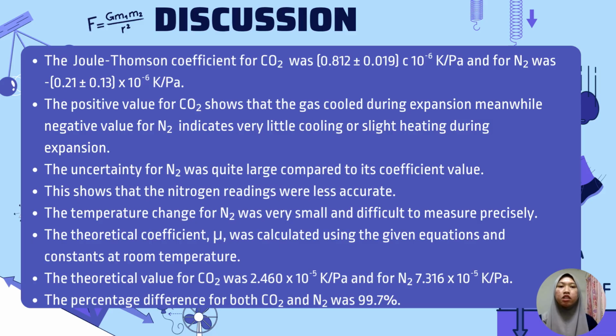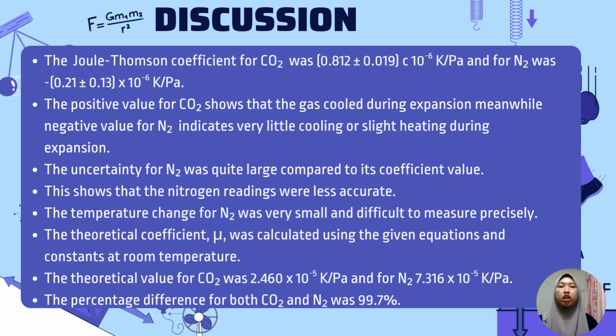From the experimental result, the Joule-Thomson coefficient for carbon dioxide was 0.812 plus minus 0.019 times 10 to the power of negative 6 Kelvin per Pascal, which confirms that carbon dioxide cooled during expansion.